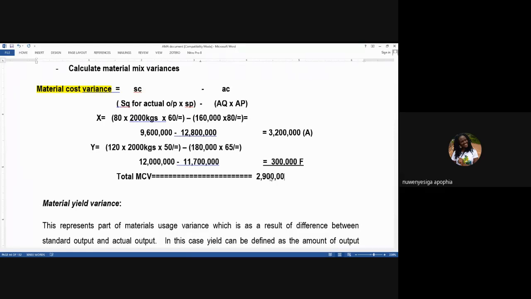Can't be 3.5. 2.9, and it is adverse. So I think all of you have seen that.